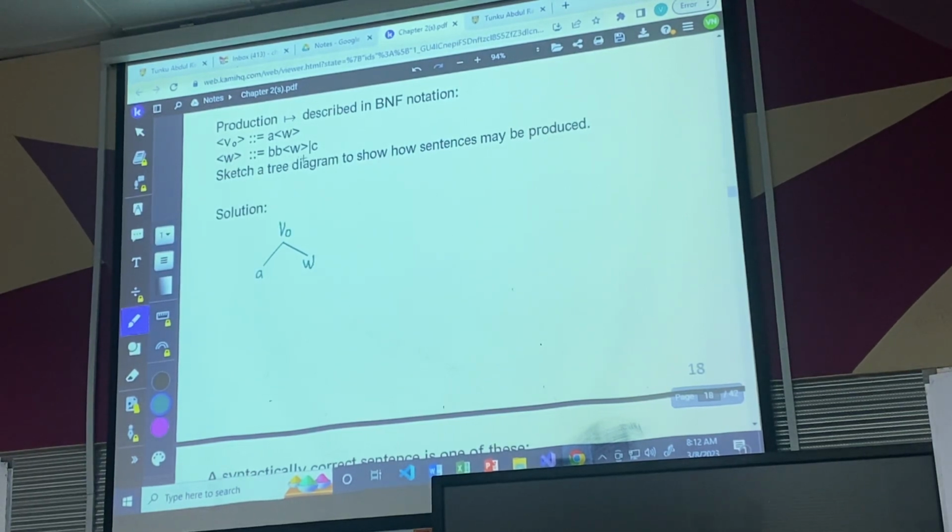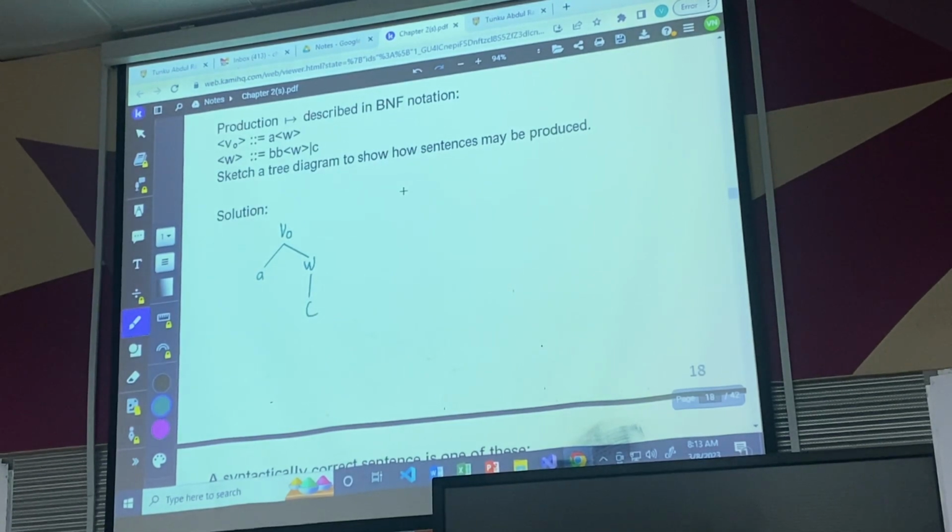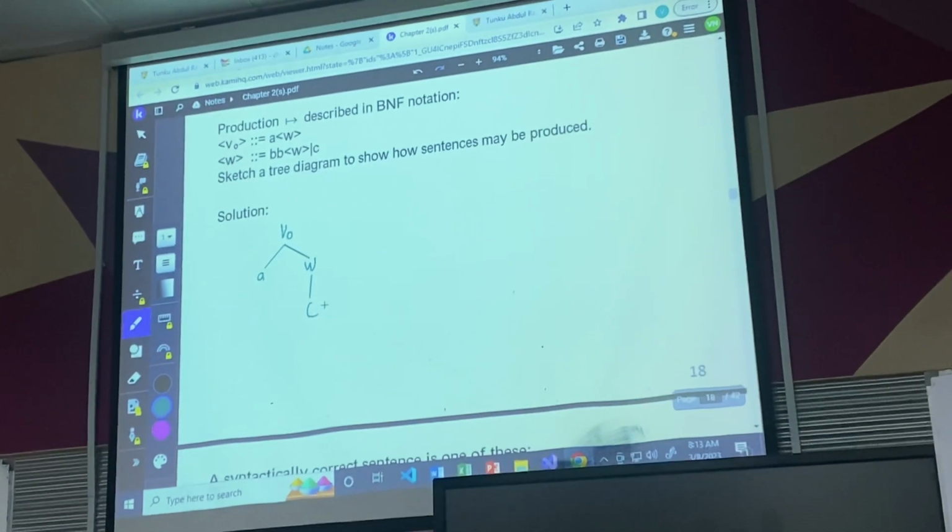Either BBW or C. So if you substitute with C, then end already. So if you only substitute AW and then W is C, meaning that you stop at C already, right? No more, nothing to continue anymore.